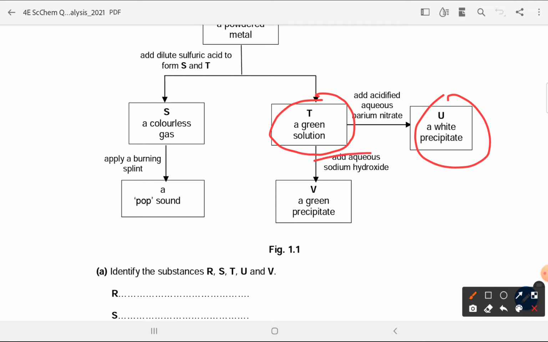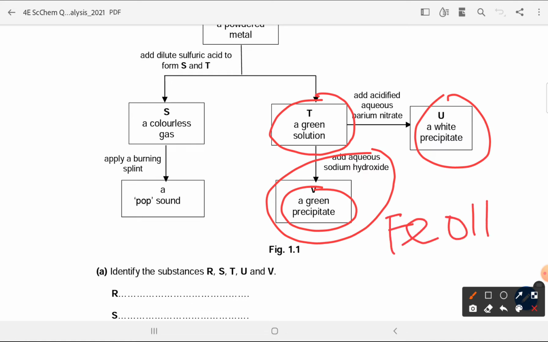The positive ion, this part will tell you, because add aqueous sodium hydroxide. Sodium hydroxide is a chemical used to test for cation, and then you get a green precipitate. So this part actually confirms that Fe2+ is present, and this green precipitate would be iron(II) hydroxide.